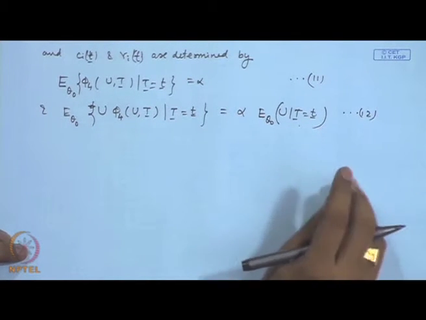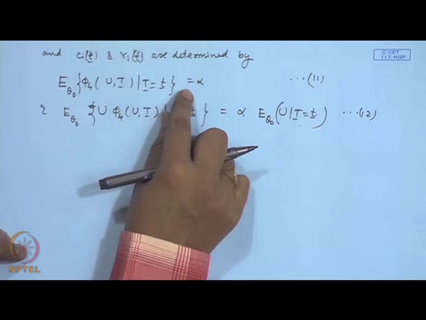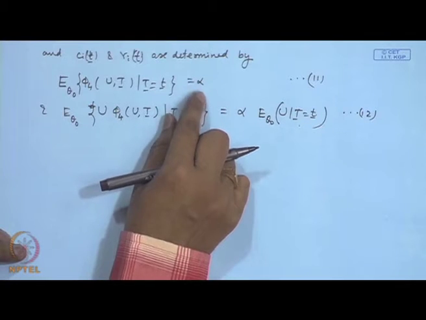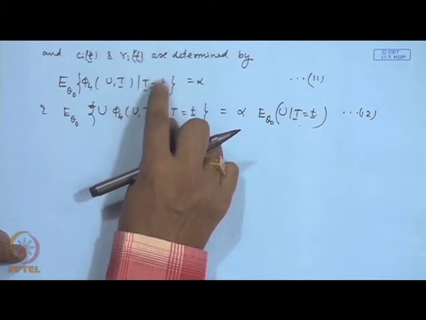Now you can see here that these size conditions are all conditional. So, if I take the expectations, I will get the conditions without the conditional here.